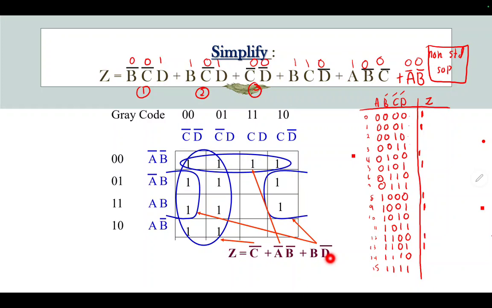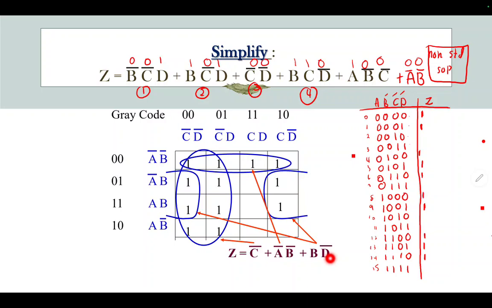Number 4 is 1, 1, 0 at the line BCD, so you find 1, 1, 0 here and 1, 1, 0 here. Then A B bar C bar is 1, 0, 0, so look at the row A, B, C, 1, 0, 0.